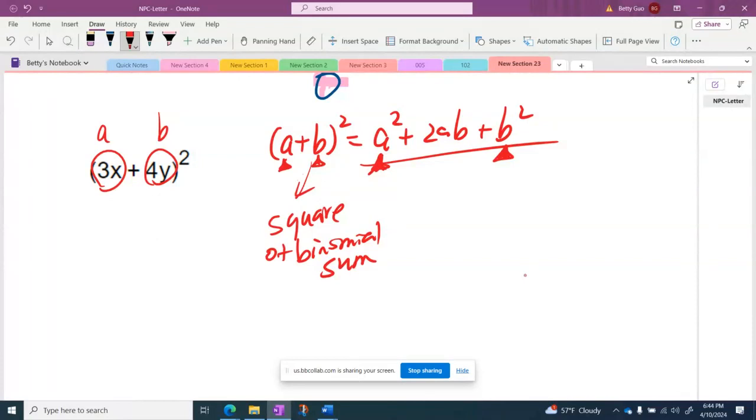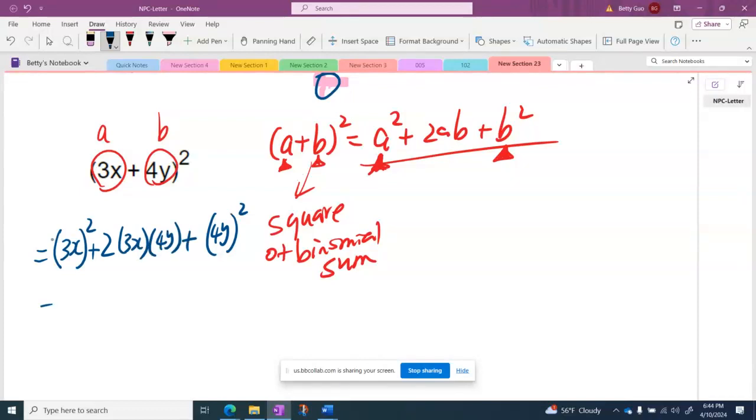So when we use the formula, we're going to have a perfect square trinomial, with the first term the square of 3x, the last term the square of 4y. In the middle, we have twice the multiplication of the two bases.